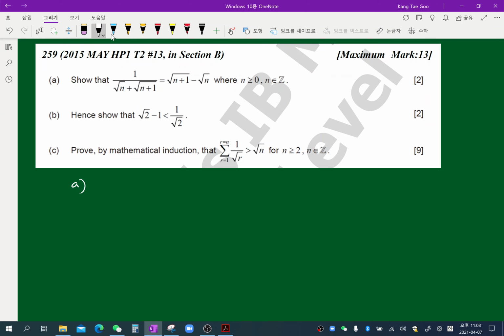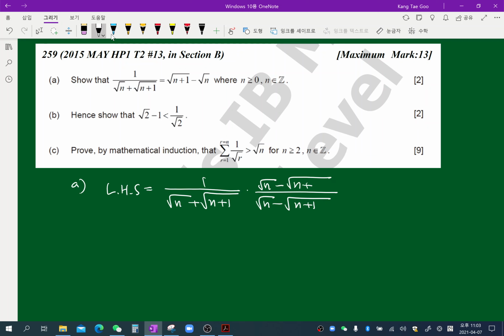Show that this is the same as that. We can start from the left hand side: 1 over square root n plus square root of n plus 1. In order to reach the right hand side, we can multiply by the conjugate on the bottom and the top, right?